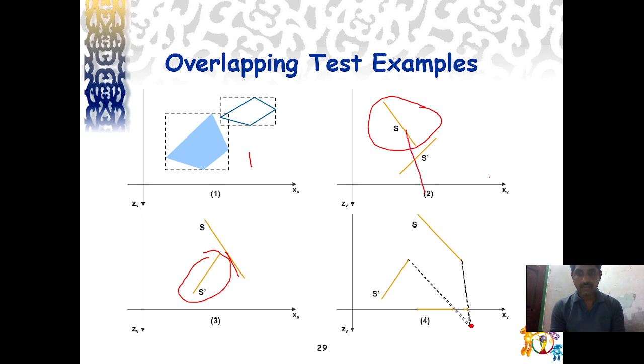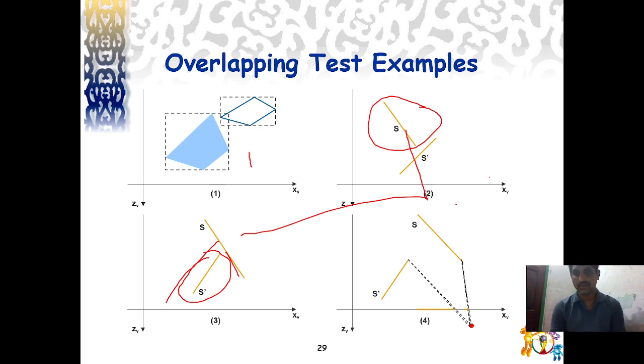If it is possible to overlap, this is possible. But in any one such case, if it is not possible to overlap, then we go for the third case. If in some cases it is possible but in some cases not, then test case 3 fails. In that way, we go for the fourth one.